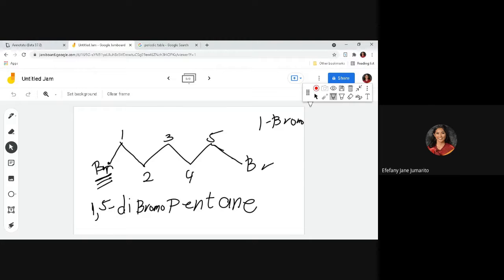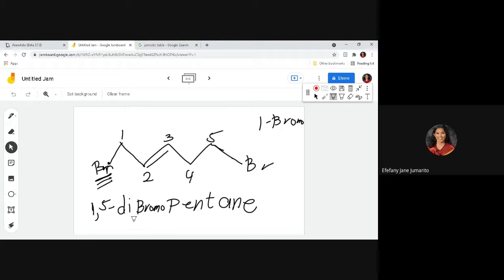Now class, I will add a double bond here. How would you name that one? 1,5 dibromo 2 pentene.